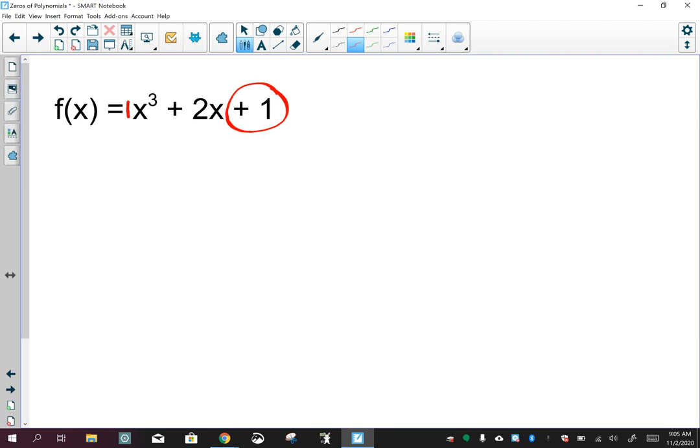So for this one, my only options for my rational zero list, and these are only possible zeros, it's always going to be plus minus. In this case, the factors of 1 is just going to be 1.